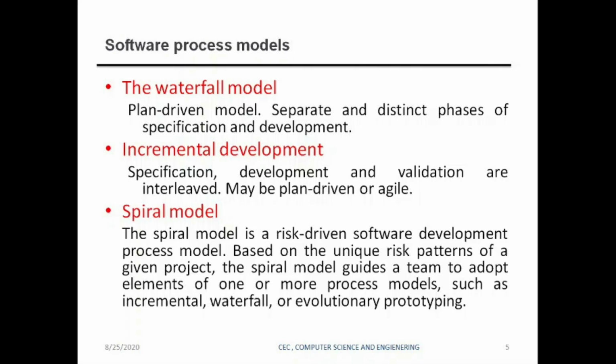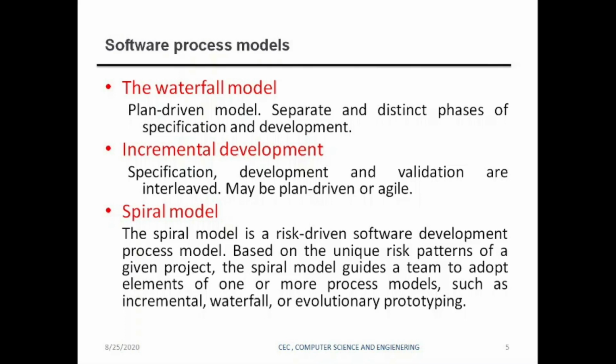The same way here also, with the software process model, depending upon the customer requirement or the system, the software engineer will select which model is preferable for the customer.